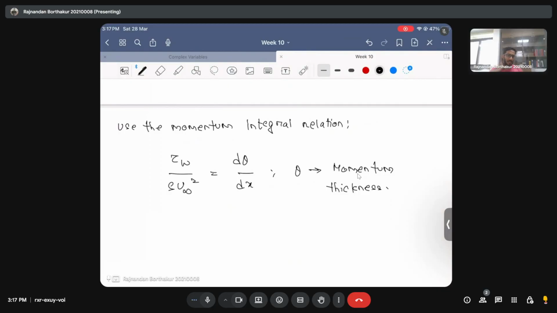This is something that we did in the last class as well. So for example, theta is going to be the integral from 0 to delta of u by u infinity times 1 minus u by u infinity. And from there, we'll get an equation in delta and then try to solve for delta. That's the idea for getting the boundary layer thickness.